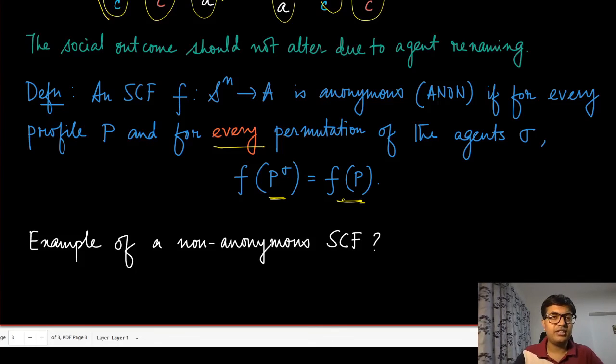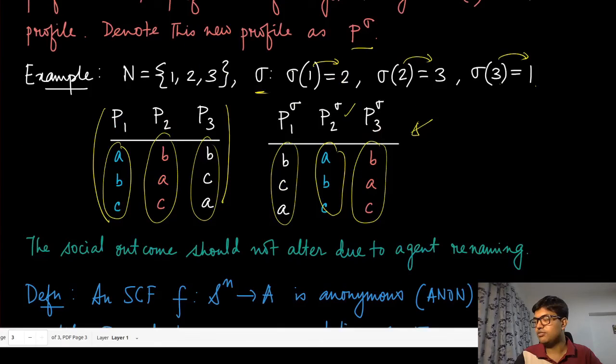Now you can answer this question: can you find an example of a non-anonymous social choice function? The hint is that we have actually seen that in the past. Think along the lines of the Gibbard-Satterthwaite theorem. Suppose we define our social choice function such that it will be the most preferred alternative of player number 1, so you are tying it to a very specific player.